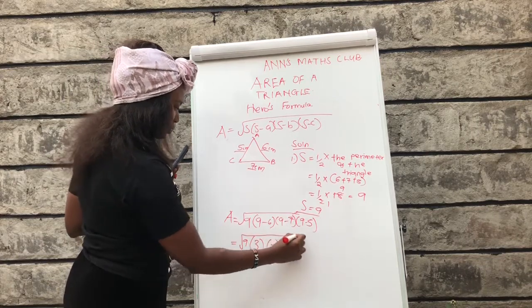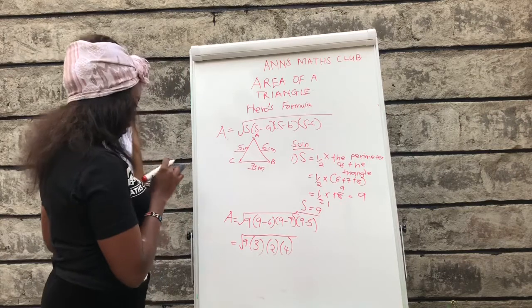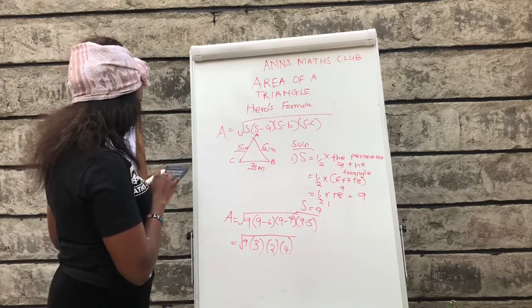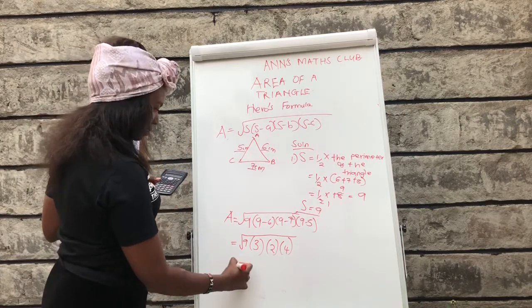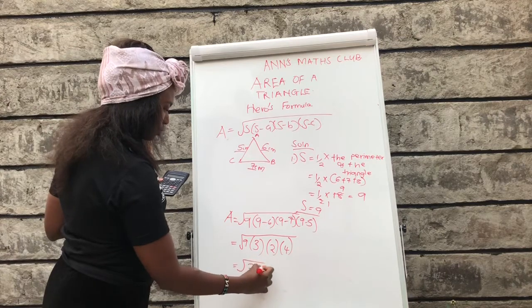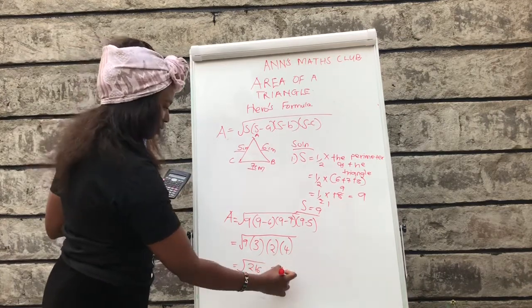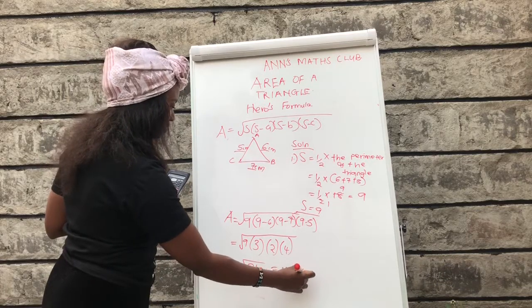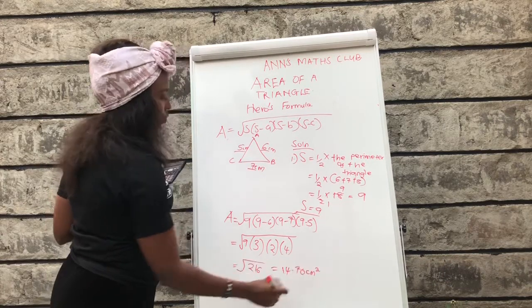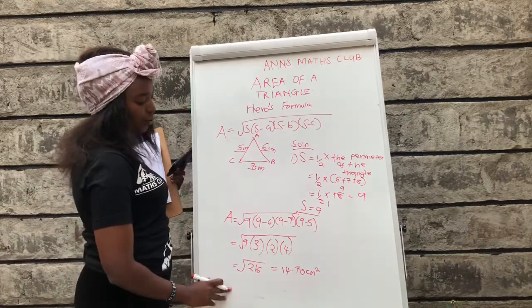And the square root, so that becomes the square root of 216. 14.70 centimeters squared. So this is how you find such.